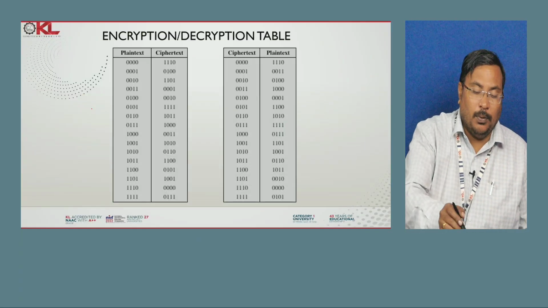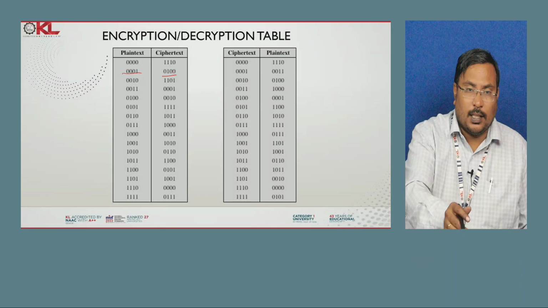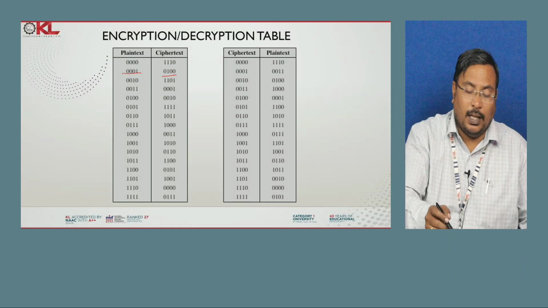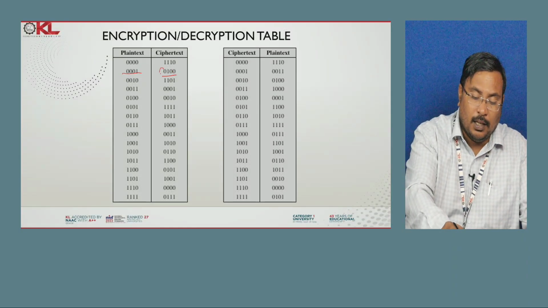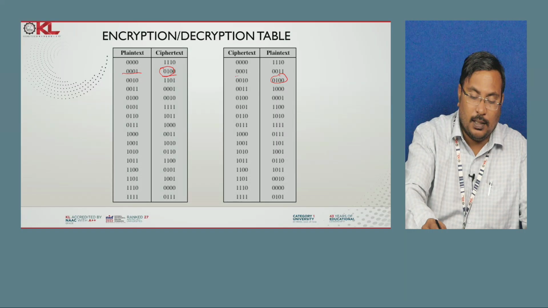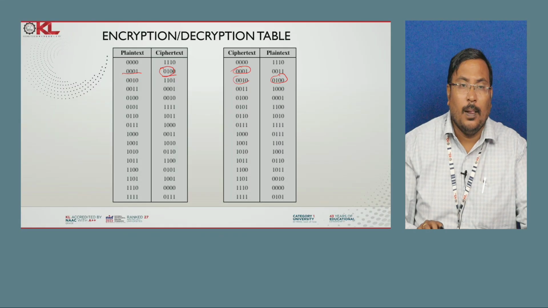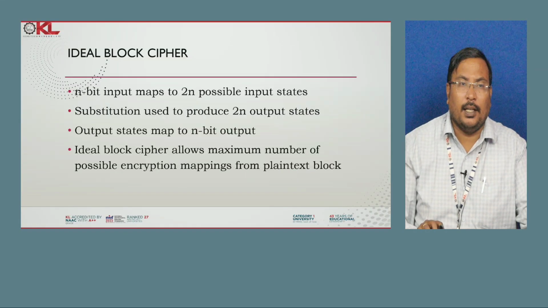So the table you have looks like this. With the same concept, you get the ciphertext as 0 1 0 0. What does it mean? This is this value. So this is the scenario of how we perform the encryption and decryption.